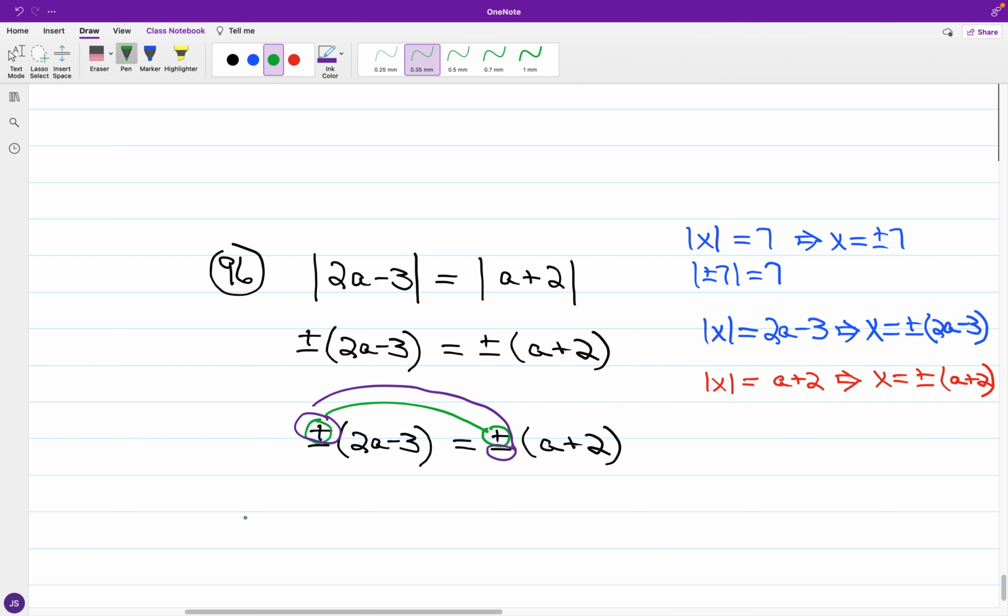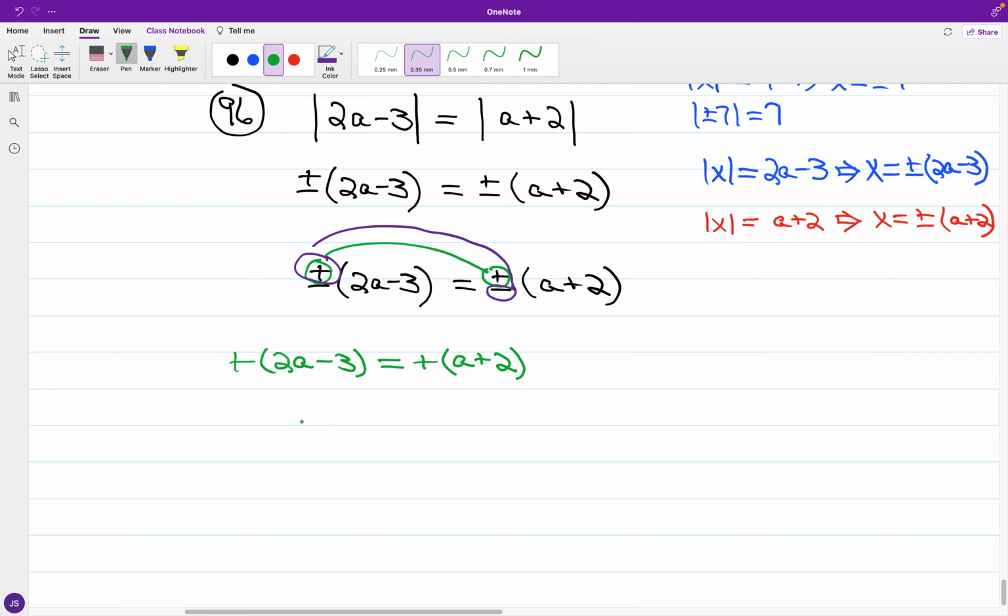So if I go with the positive of 2a minus 3 is equal to positive a plus 2, again, removing parentheses, there will be no sign change.